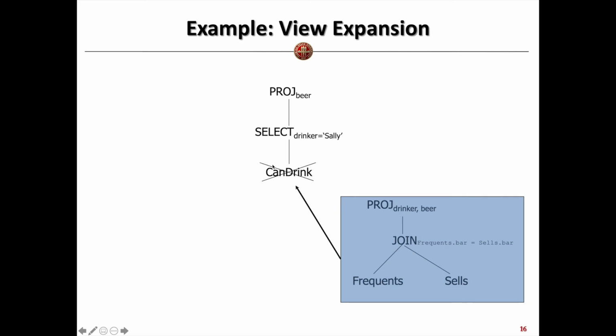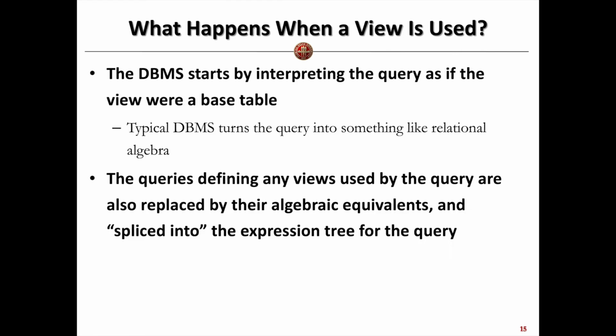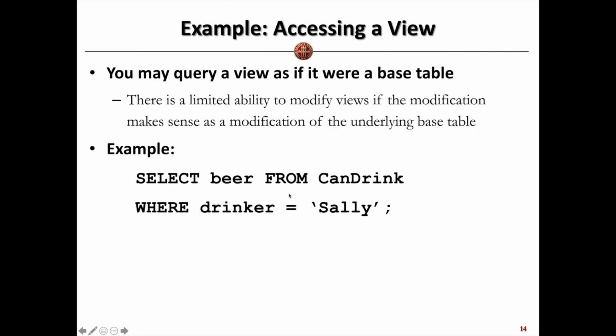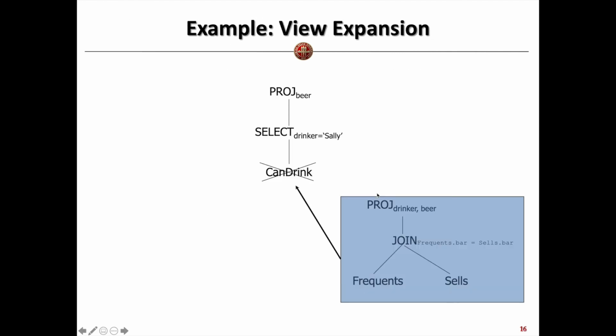We replace CanDrink with this subtree and insert it into the place of CanDrink. So even though this operation seems to work on CanDrink, this virtual table, in reality the query is still working on the two base tables, Frequents and Sells. Everything is still based on these base tables, as shown here.